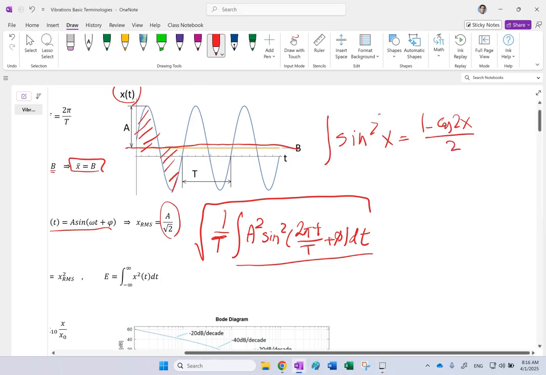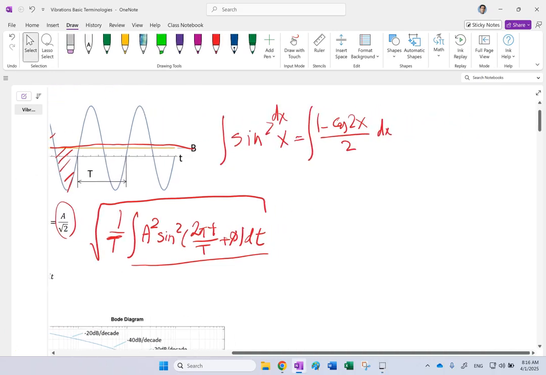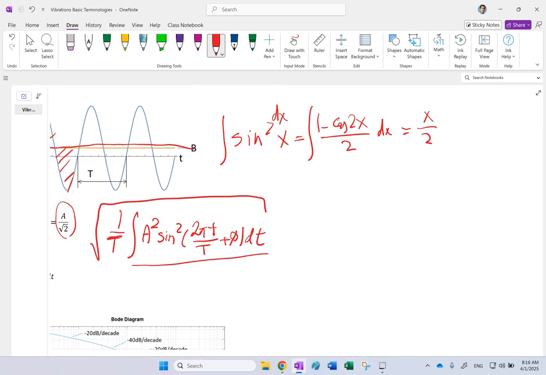Therefore, when you integrate this, you are going to get the integral of 1/2, which is x over 2, and the integral of cosine of 2x over 2. The integral of cosine of 2x is 1/2 sine of 2x, but you have another 1/2, so you get 1/4 sine of 2x. Okay, so that's your integral.